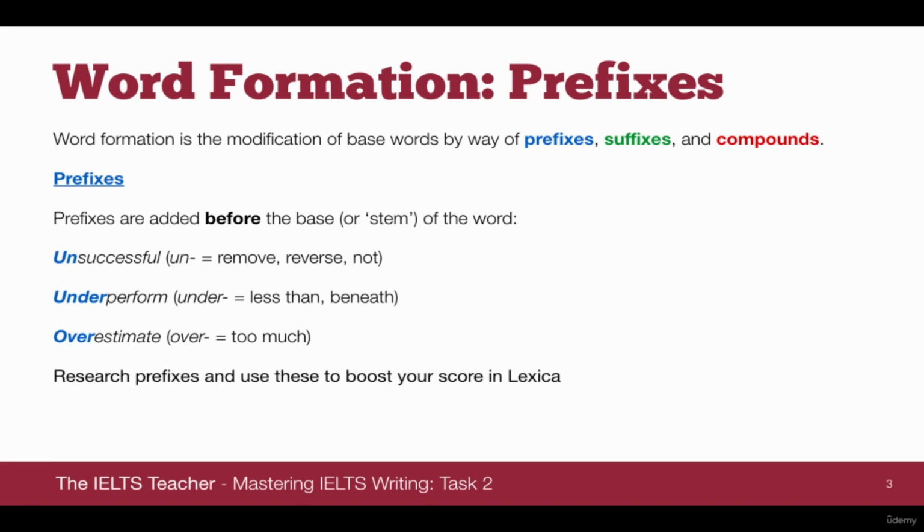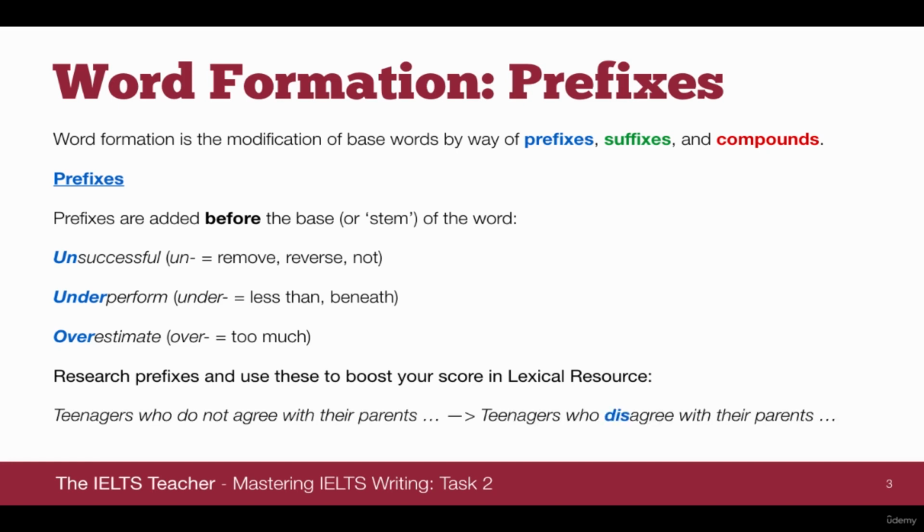So you can research prefixes and use these to boost your score in lexical resource. Let's give you an example about a decent enough sentence, but one which we can improve by way of prefixes. Teenagers who do not agree with their parents. Beginning of a sentence. How could we improve that? Teenagers who disagree with their parents. You may think this looks quite simple, but that's a good thing.